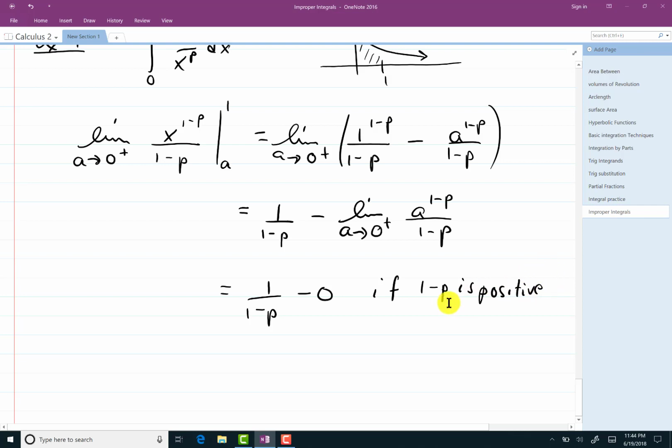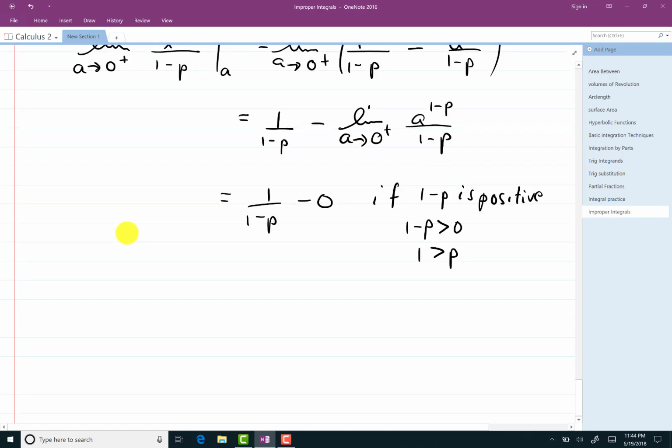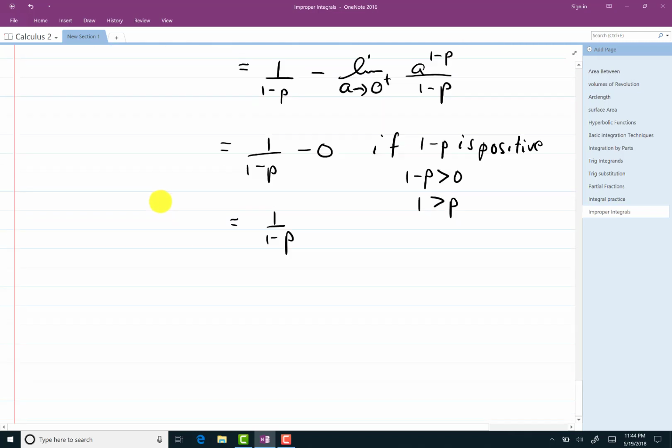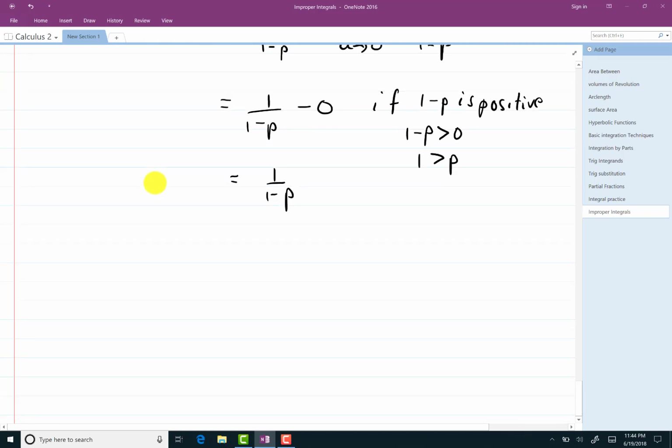Well, if 1 minus p is positive, that means 1 minus p is greater than 0, which means that 1 is greater than p. So when 1 is greater than p, I'll have 1 over 1 minus p. And then go back to that.